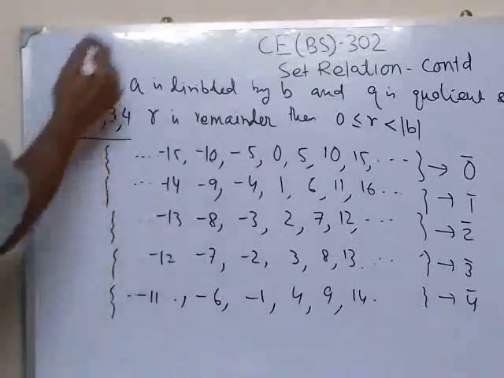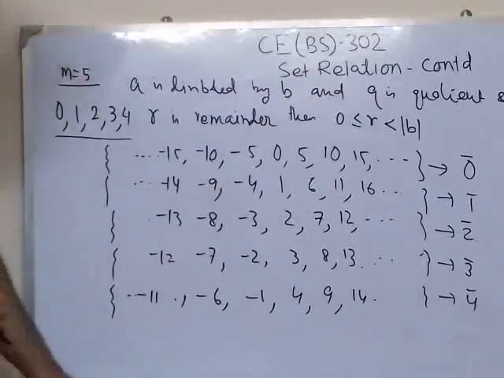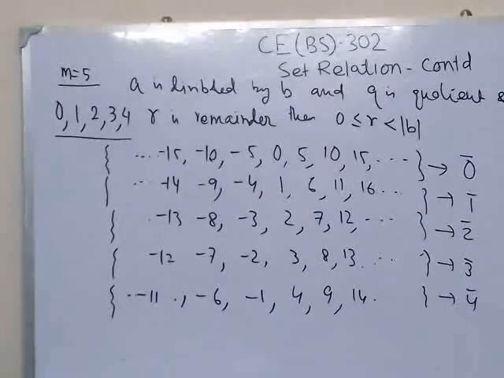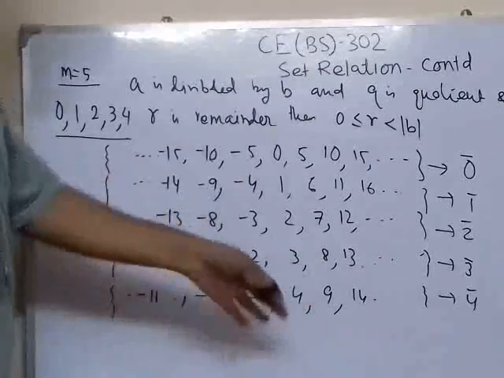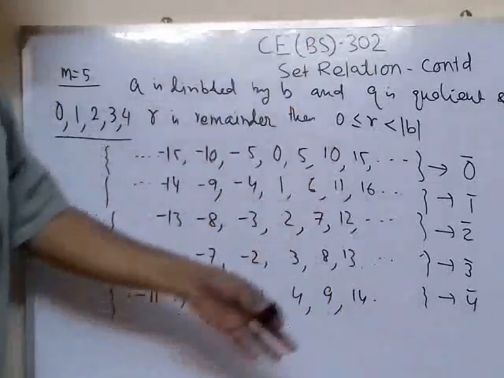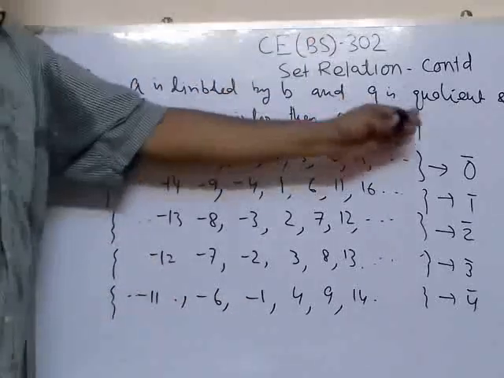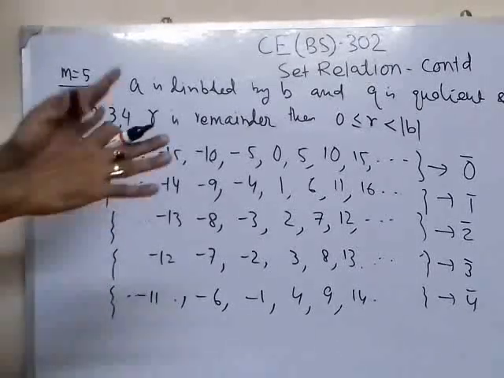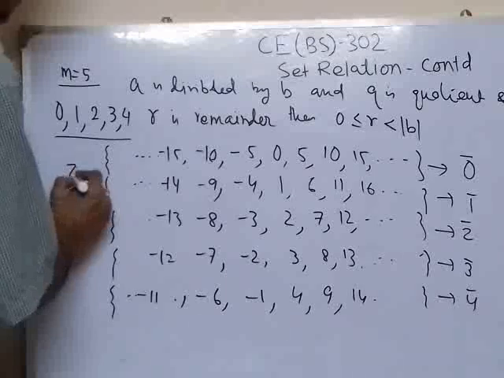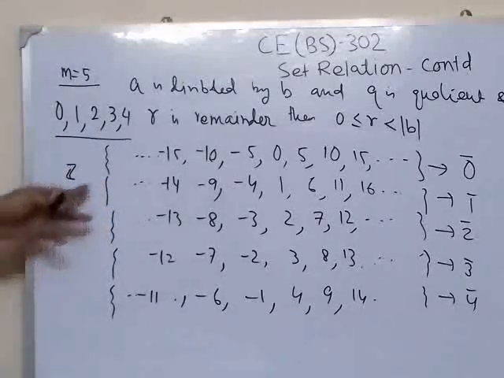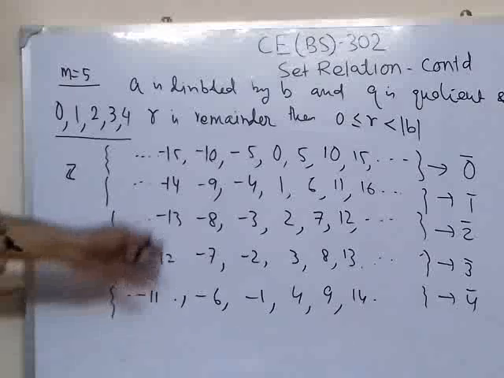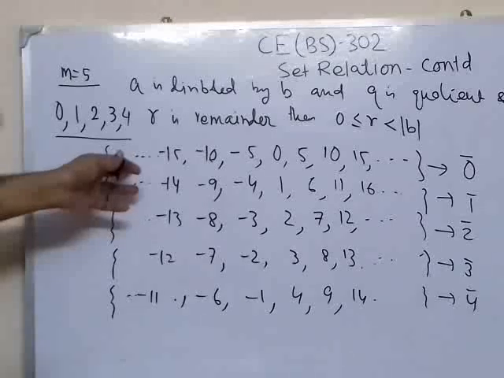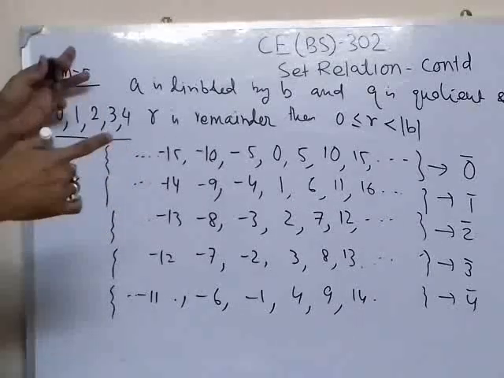That means when I impose a congruence relation on the set, these lists are mutually disjoint, and the effect is that it actually decomposes the entire set Z into some mutually disjoint subsets, and each class will give us the same remainder when divided by a fixed number 5.